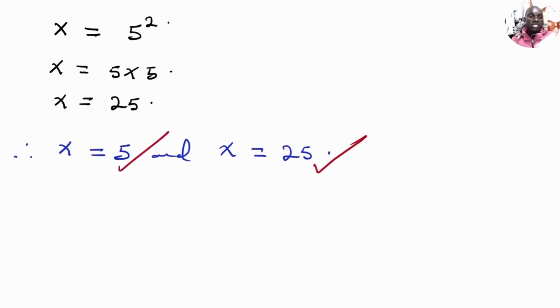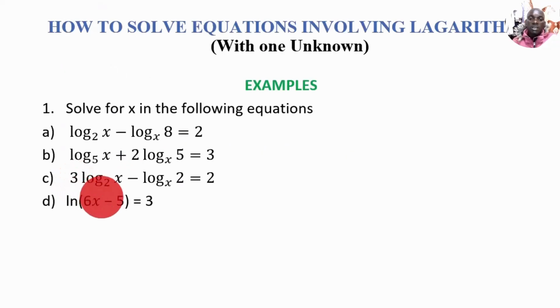You can now proceed. Part C is reading 3 log of x base 2 minus log of 2 base x equals 2. So we can proceed with part C. We have 3 log of x base 2 minus log of 2 base x be equal to 2.